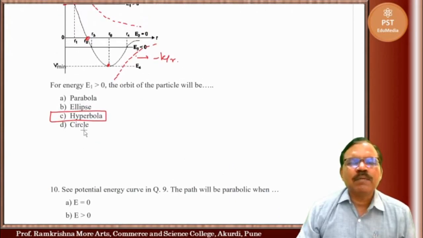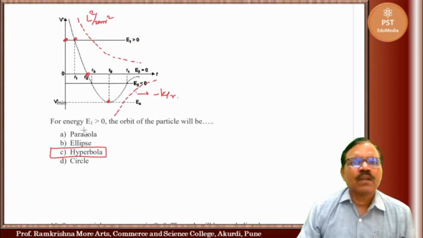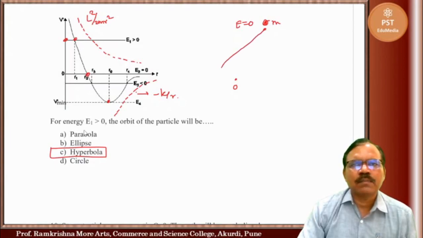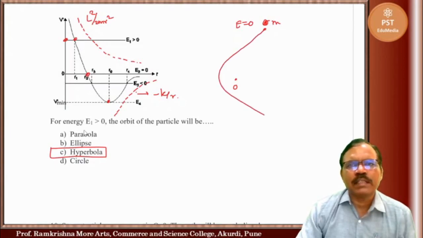The path will be parabolic when? When we have center O and a particle of mass m approaches the center and its energy is suppose 0, then what happens? The particle will come and go like this.